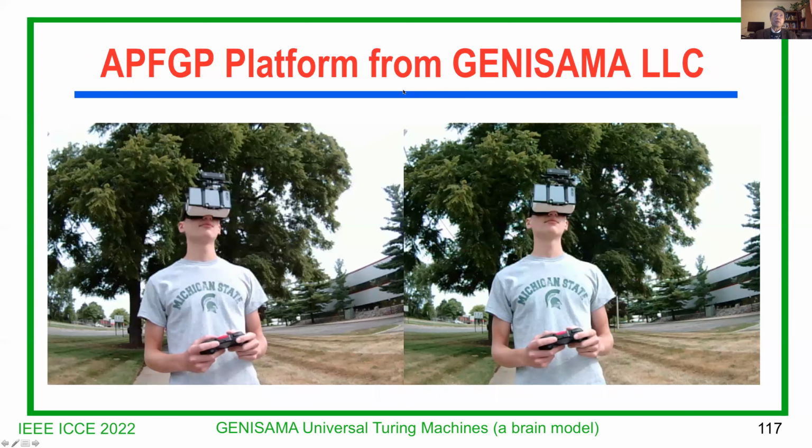The platform is from a startup I helped to create, also named GENISAMA. It has a goggle with a cell phone running and a stereo camera, which gets real-time stereo video into the cell phone running the network, and wireless USB connections take the input from the human in terms of motor signals.